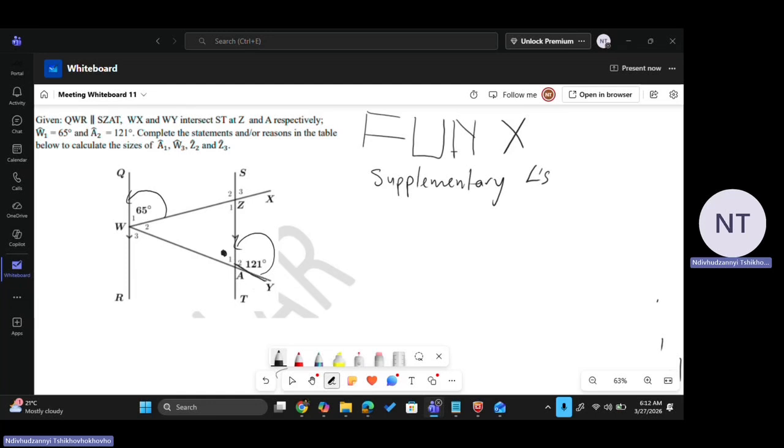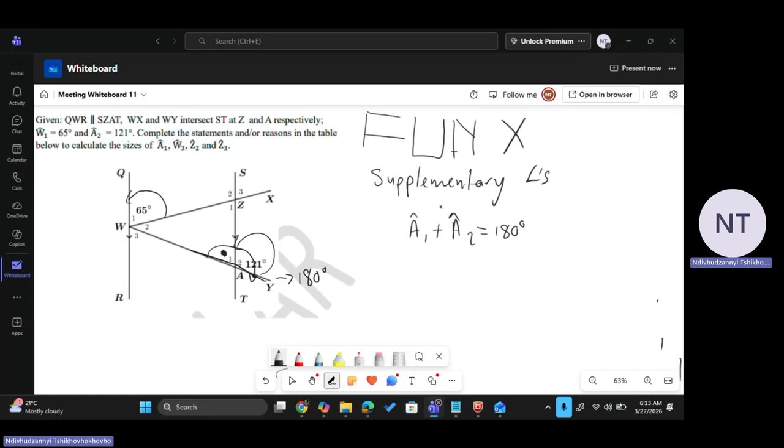Is this a straight line? It is, right? At this point, the whole angle is equals to 180 degrees. So it's going to say A1 plus angle A2 equals to 180 degrees.